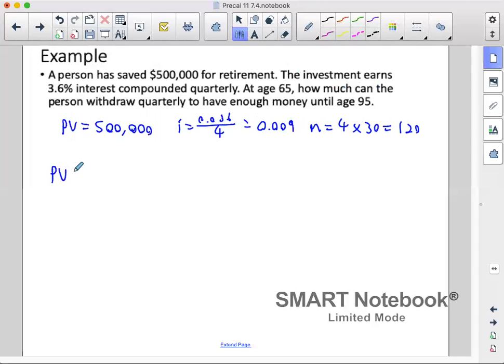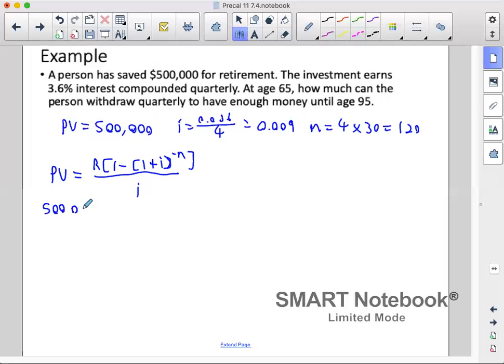So we have PV is equal to R times 1 minus 1 plus I to the power of negative N over I. So we'll start substituting our values in.